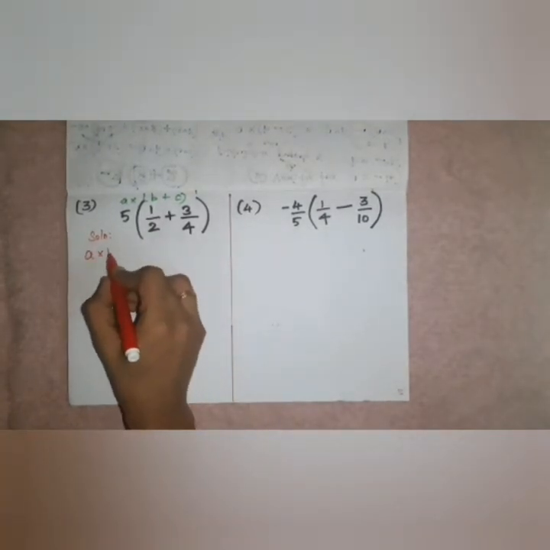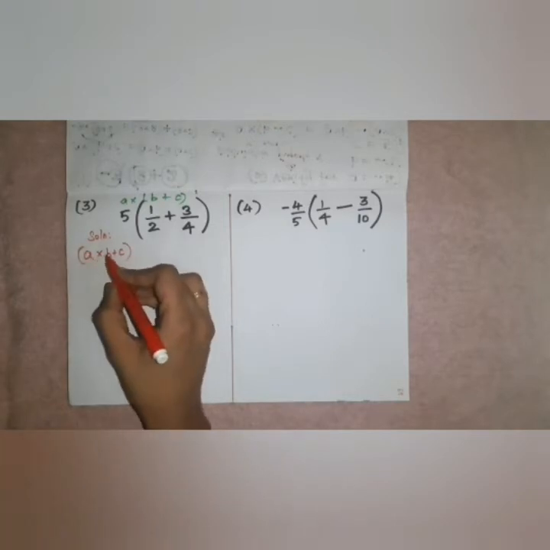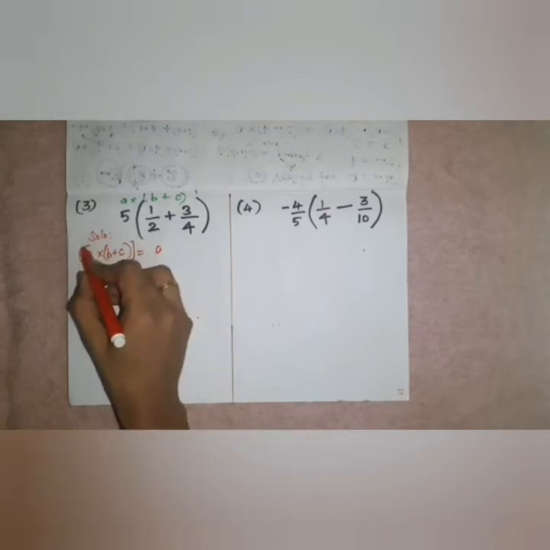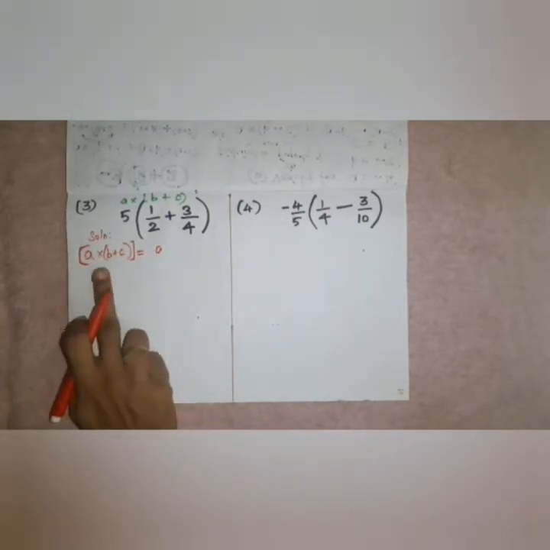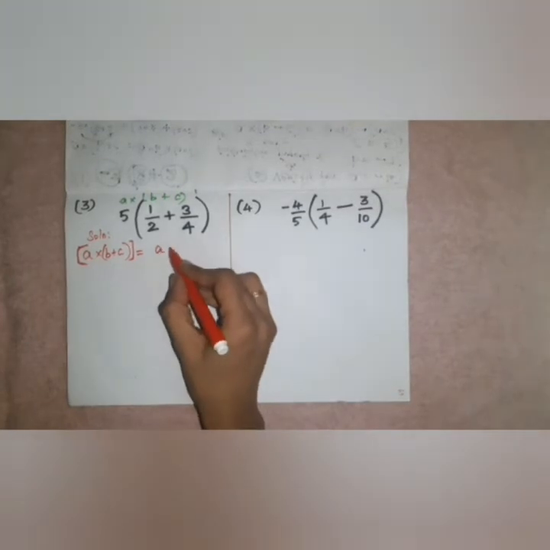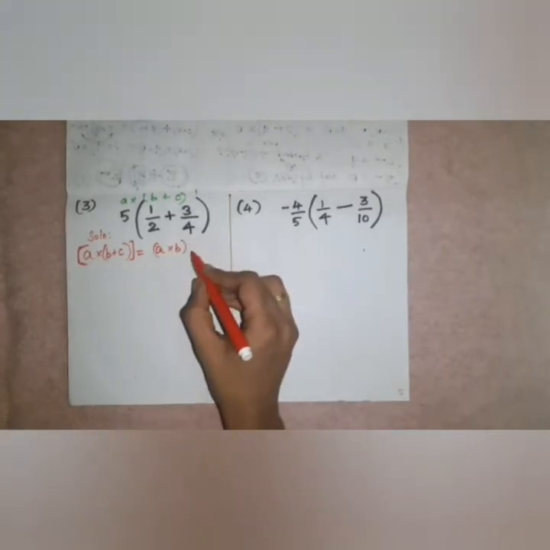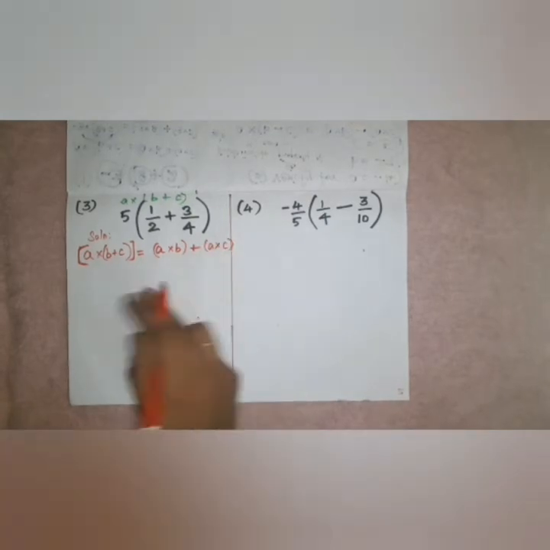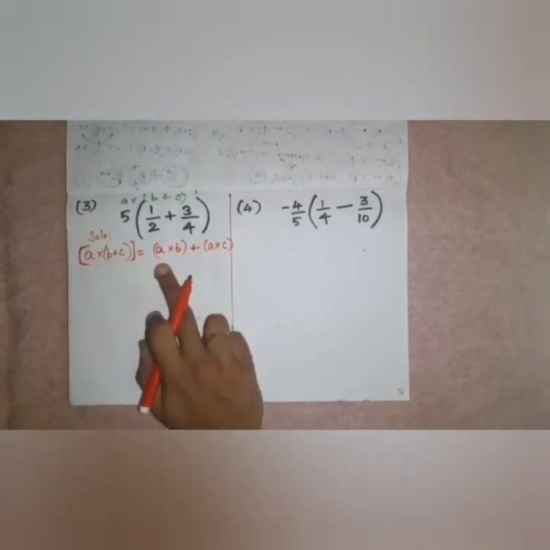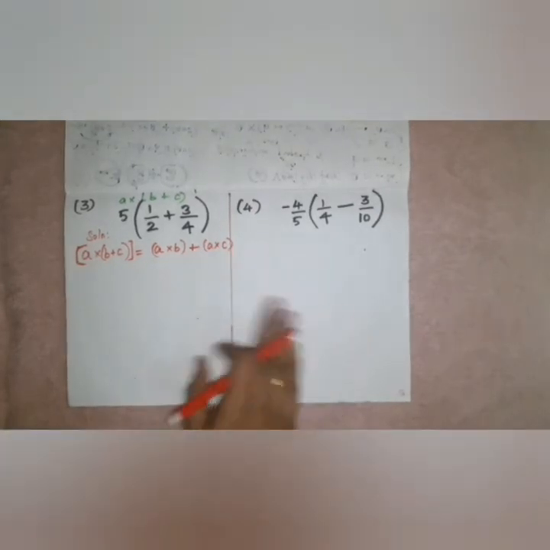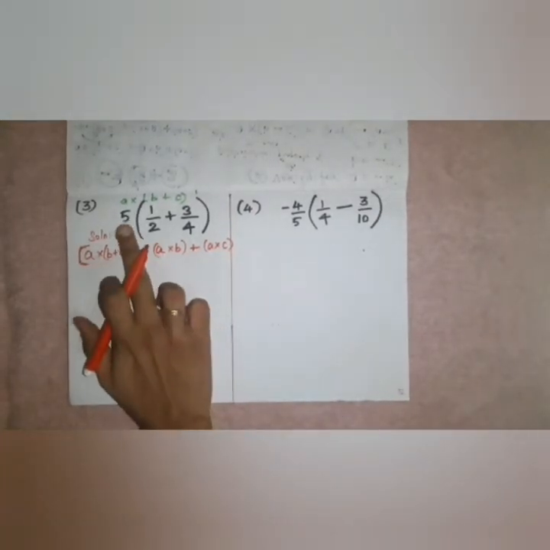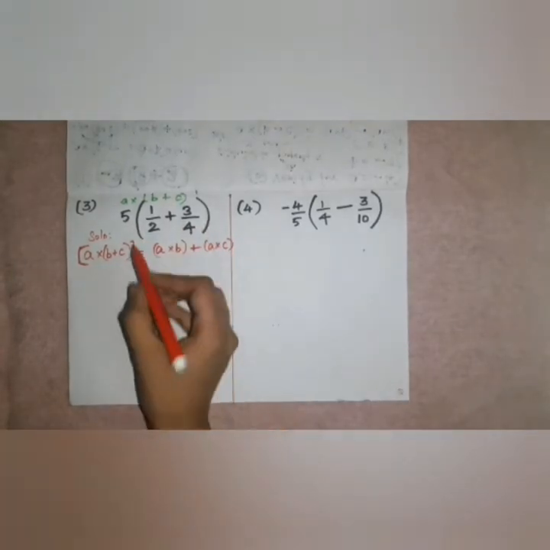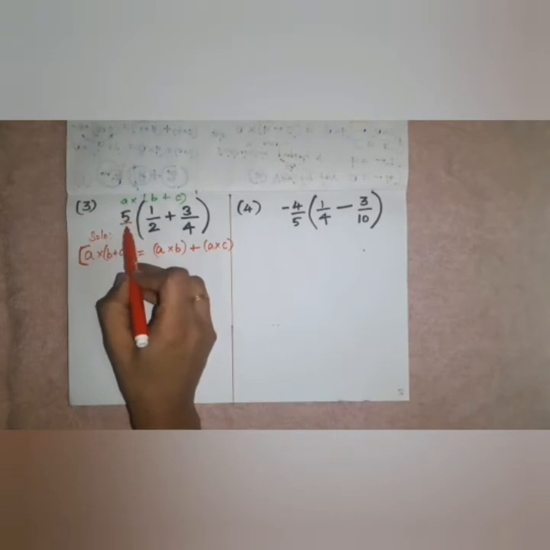Let's write the property: A into B plus C is equal to A into B plus A into C. How is it given in the question? The given question is in the form of the left hand side, so we have to just expand it into the right hand side.